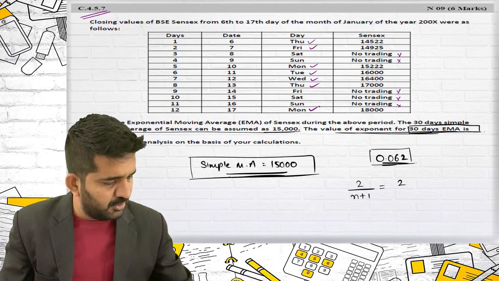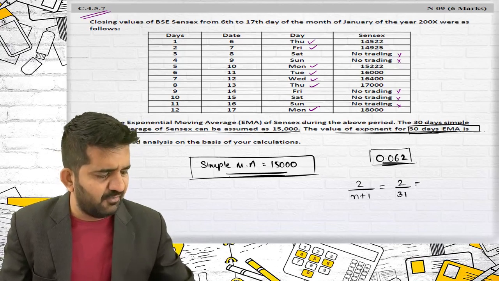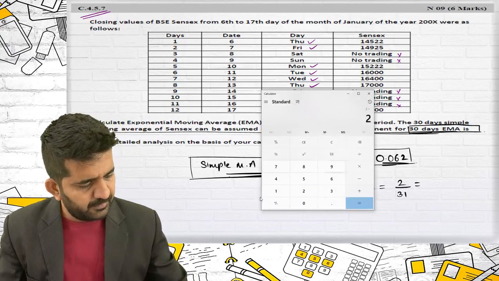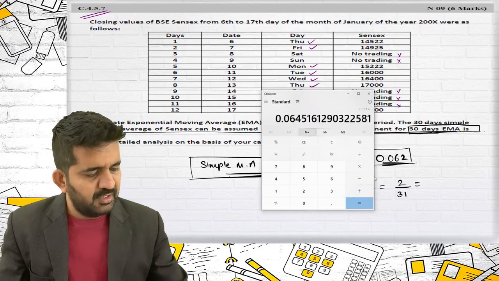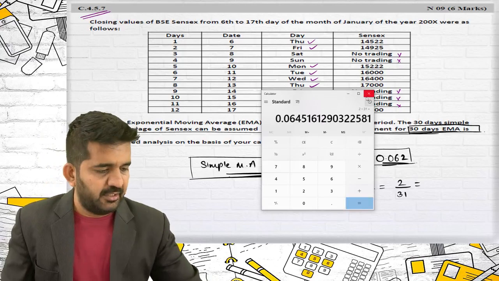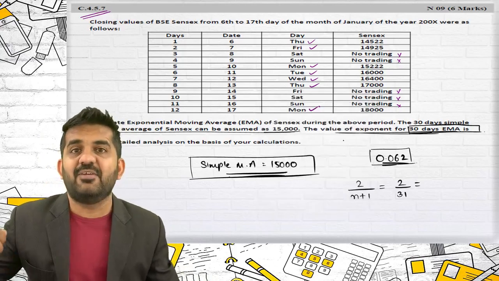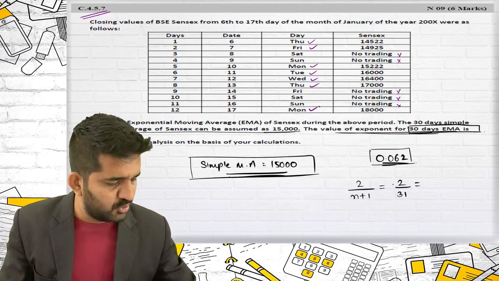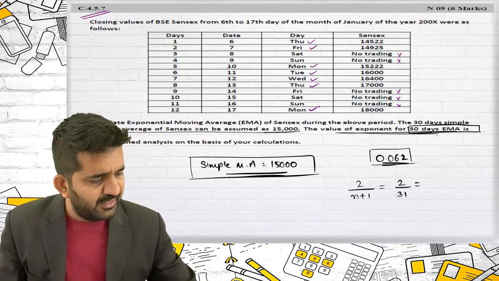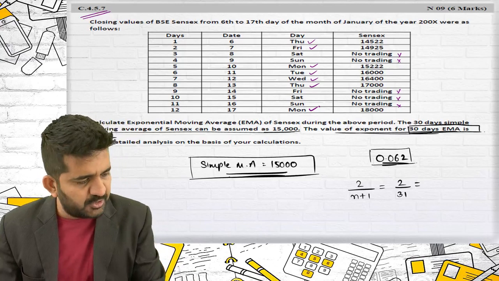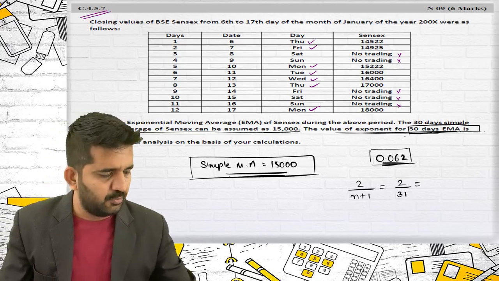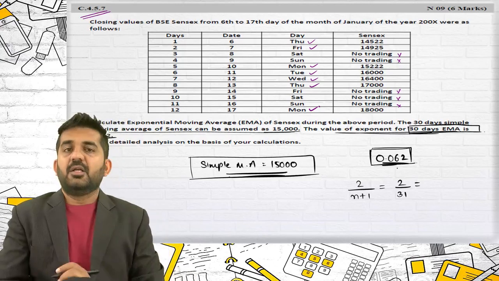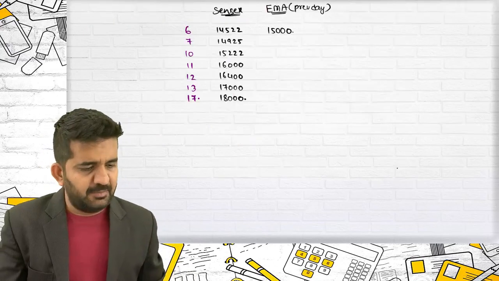In this case it is 2 divided by 31, which is not coming exactly 0.062, but it is very near to it. Is it all right? The actual exponent, 2 divided by n plus 1, is nothing but the smoothing exponent. In this case, the exponent is given, so we will be directly taking 0.062 as the smoothing exponent. Now, what is EMA is very easy.